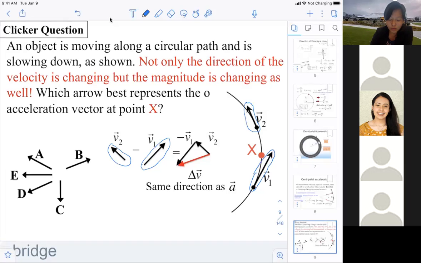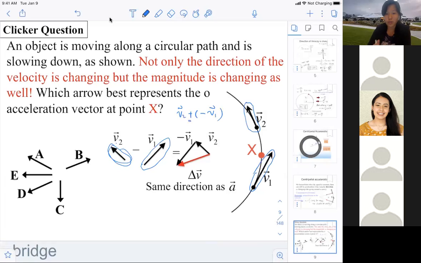So to do v2 minus v1, velocity at later time minus velocity at early time, gives you the change of velocity, right? So I need to use this arrow minus the other arrow. To do something minus something, we can change it to v2 plus the negative of v1, right? We want to switch it to vector addition, because that's what we know how to do.